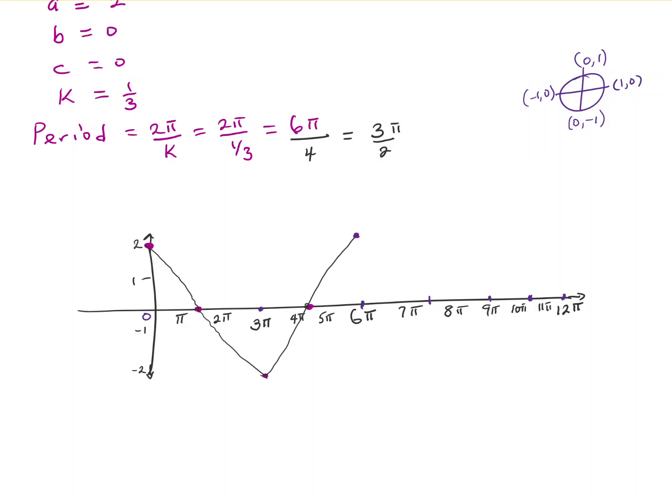The next one, 0, is here. Then the next one, negative 1, which is negative 2 now because of the amplitude, so we are here. The next one is 0, even if you multiply, it's still 0. And the last one is 1, so if you multiply by 2, you get here. Just make sure you keep track of how things behave.